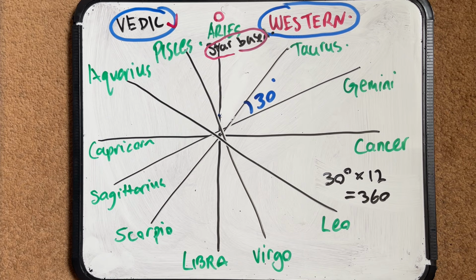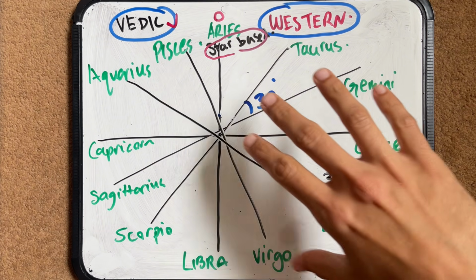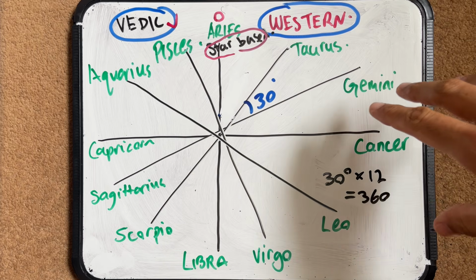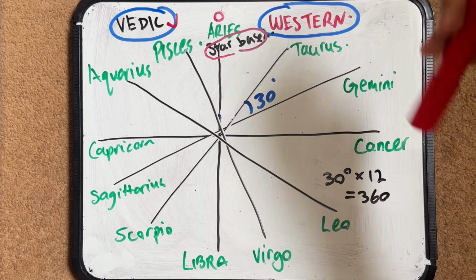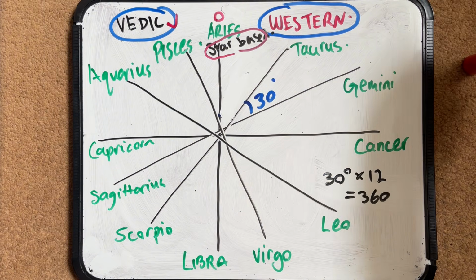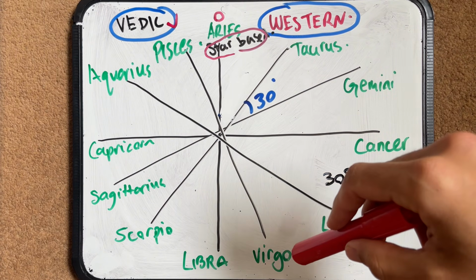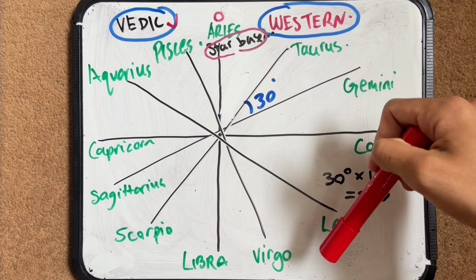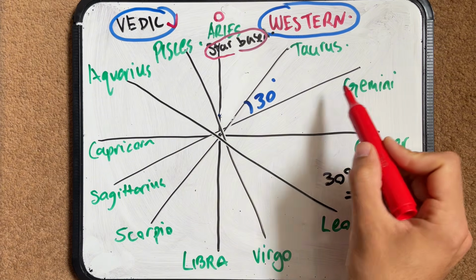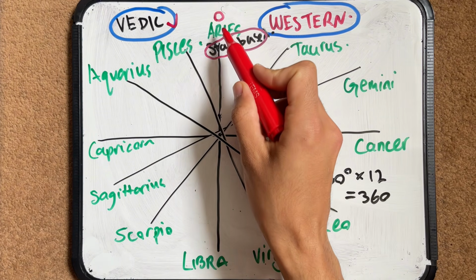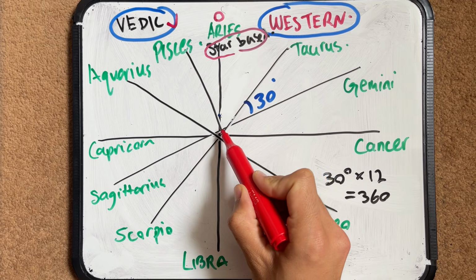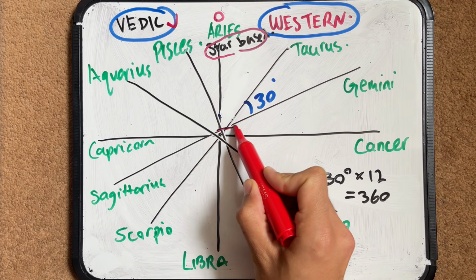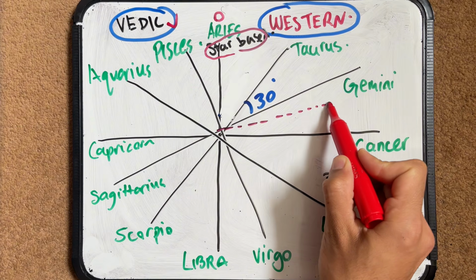Now, let us understand why there is a difference. Thousands of years ago, the tropical and sidereal zodiacs were much closer to each other. Okay, they were almost the same. They all began at the same place. But over a period of time, the seasonal point and the star-based point slowly separated, because today there's roughly a 24 degree difference between tropical and sidereal astrology.